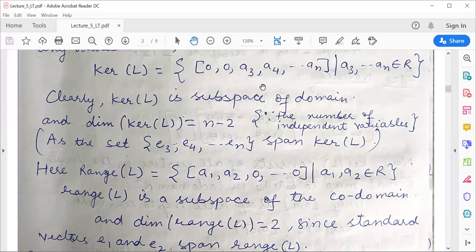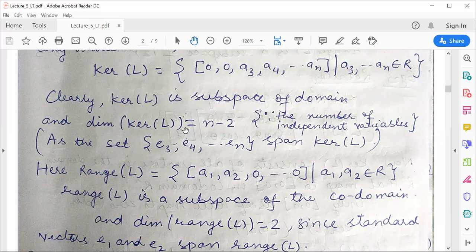Firstly, you take a3 times E3, because the E3 vector has 1 only at the third position and the others are 0. And the E4 vector has 1 at the fourth position and the other coordinates are 0. So you can check that this set consists of n minus 2 elements, so the dimension will be equal to this.